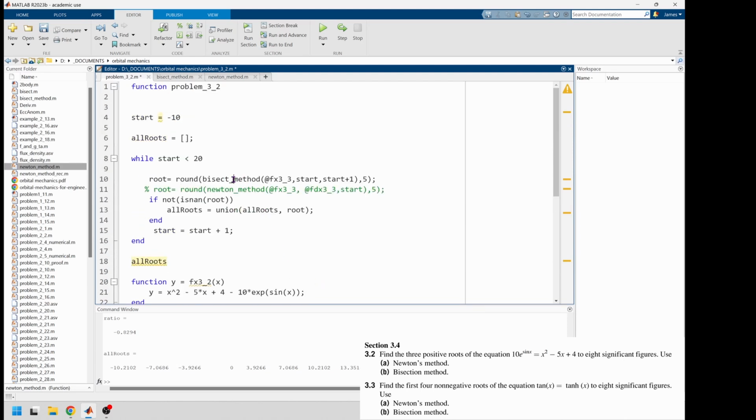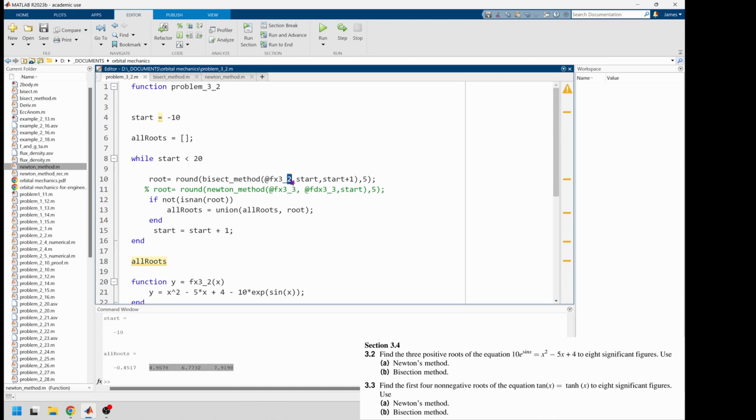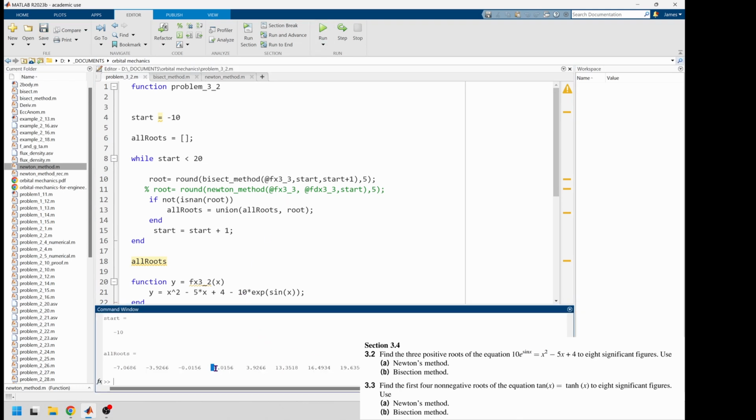And if I just run that, so this is 3.2 with the bisect method, you can see I get these 4 roots. It asks for the 3 positive roots, it's those. If I change it to 3.3, you see we have 1, 2, 3, 4, 5 positive roots.